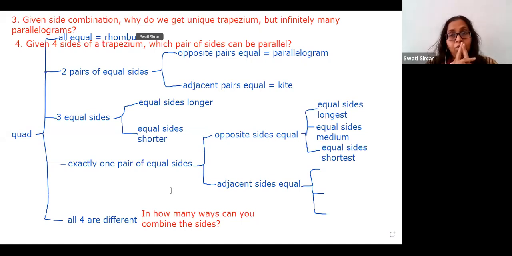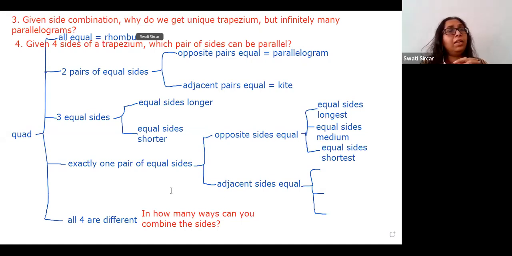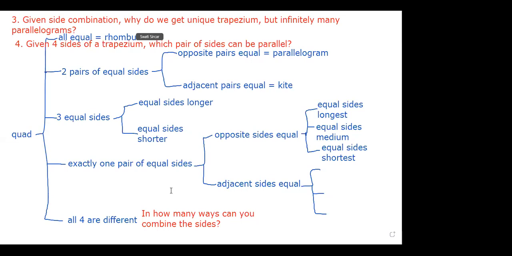Correct. Now, you know that rectangle is a special type of parallelogram. Yes, ma'am. Now, would you say that rectangle is a special type of isosceles trapezium? No, ma'am. Why not?